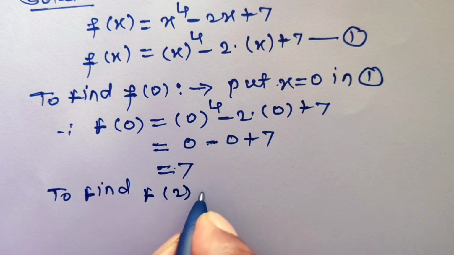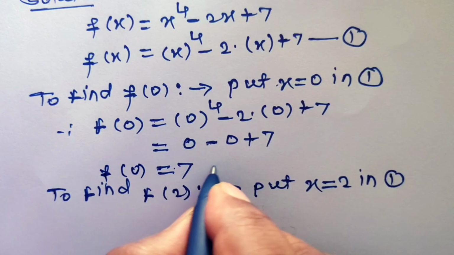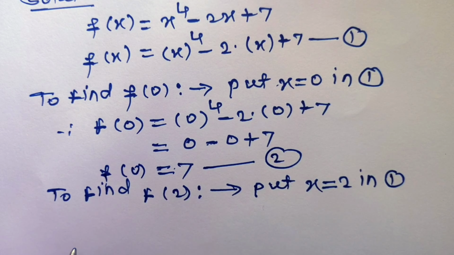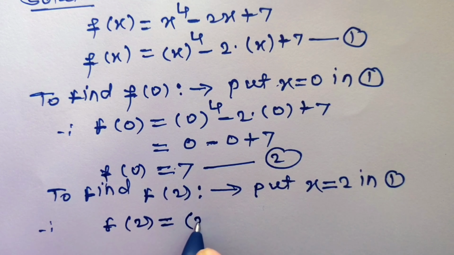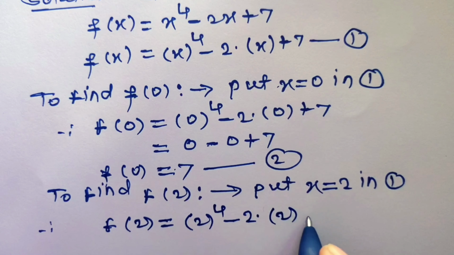Now we have to find the function of x is equal to 2, that is f of 2. Hence what we have to do? Replace x by 2 in equation number 1. Replacing x by 2, f of 2 is equal to (2) to the power 4 minus 2 times (2) plus 7.